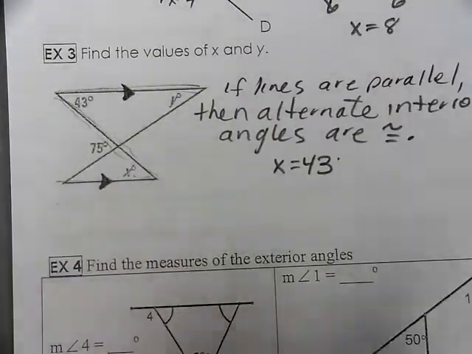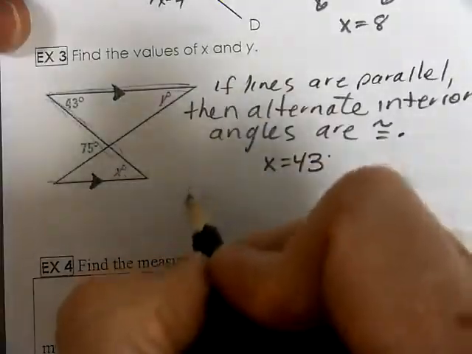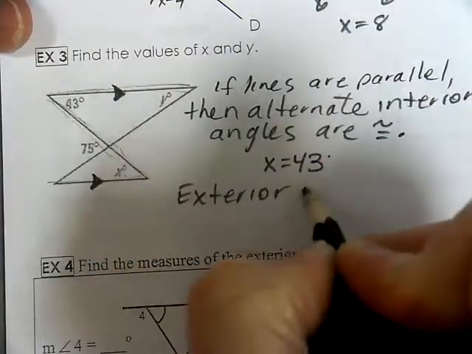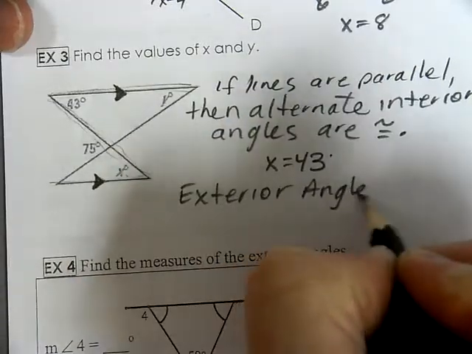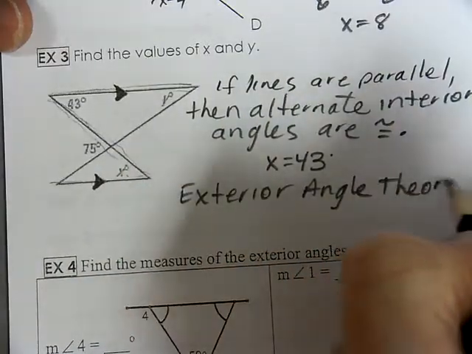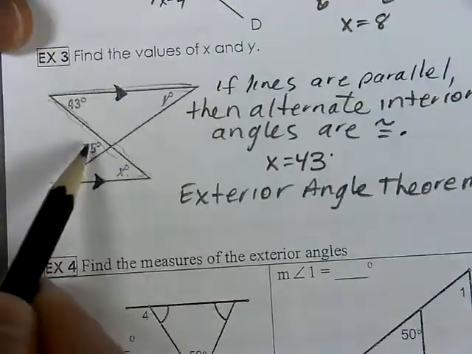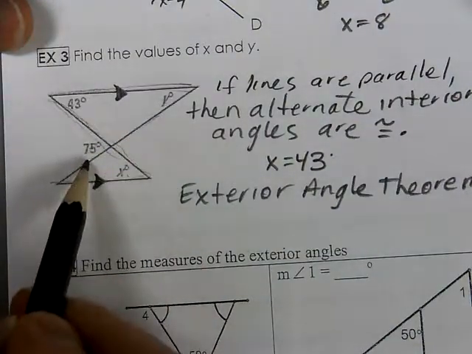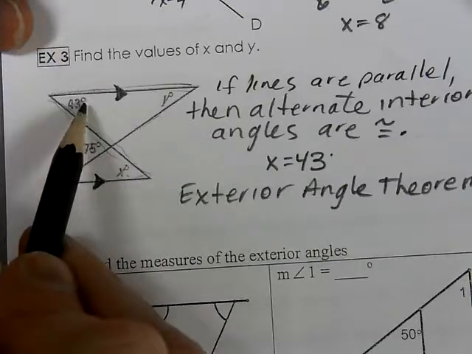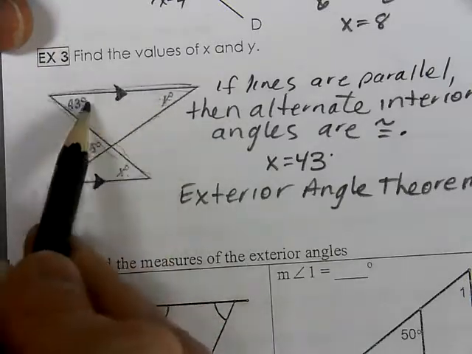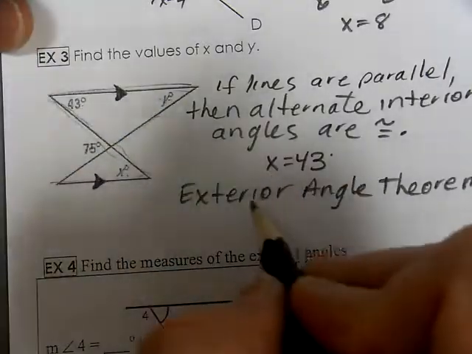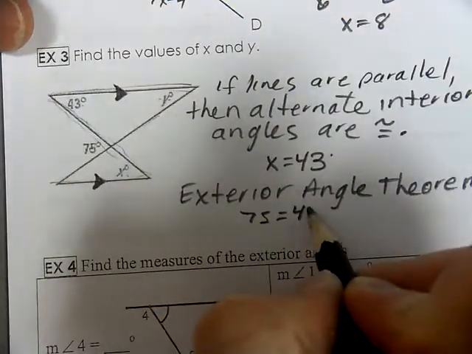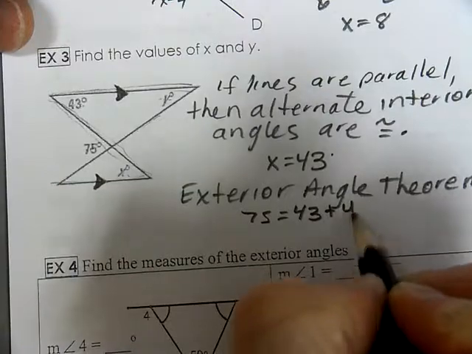And then using the exterior angle theorem, we know that the exterior angle, the angle on the outside of the triangle, is equal to the sum of the two non-adjacent angles. So 75 is going to equal 43 plus y.